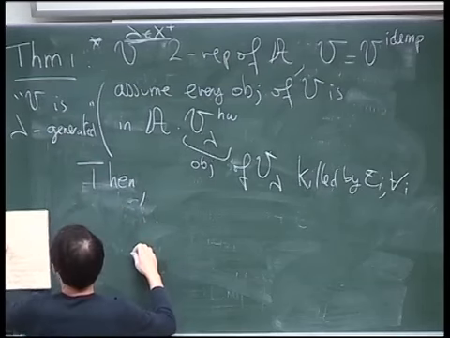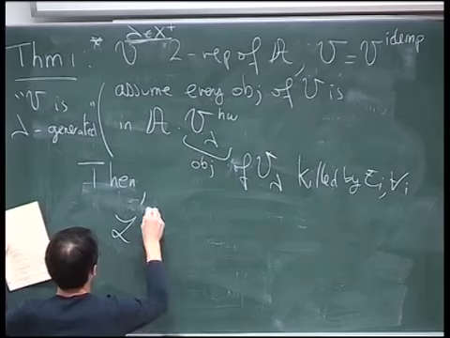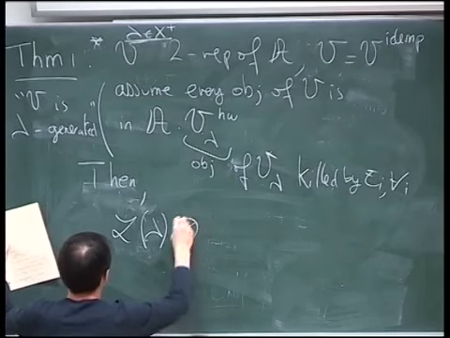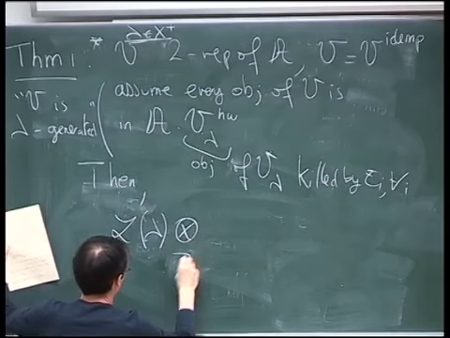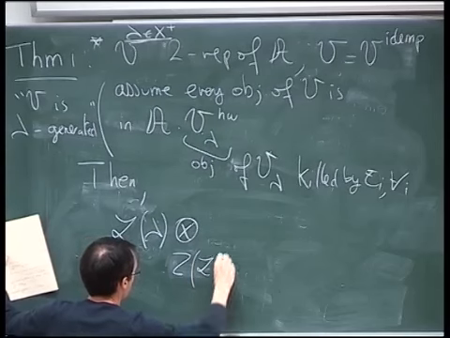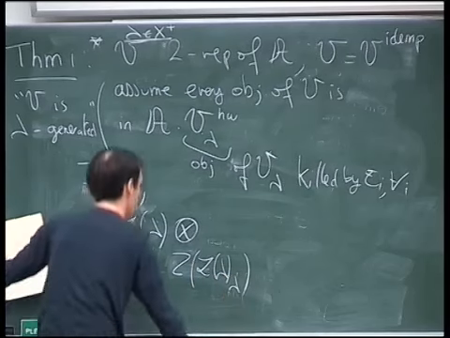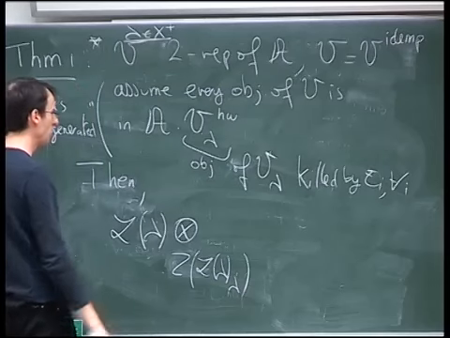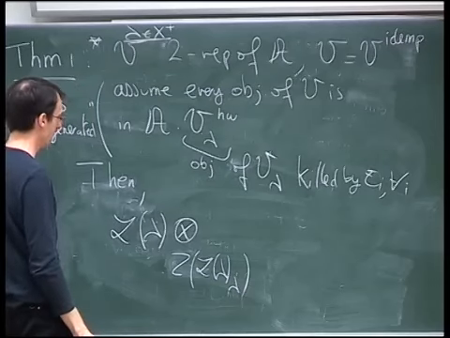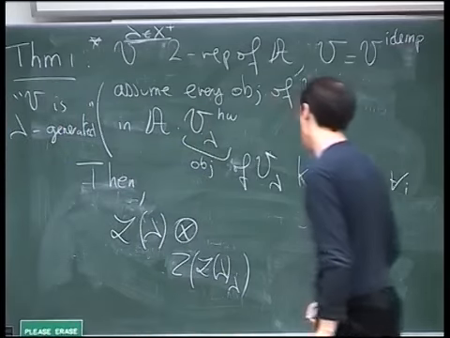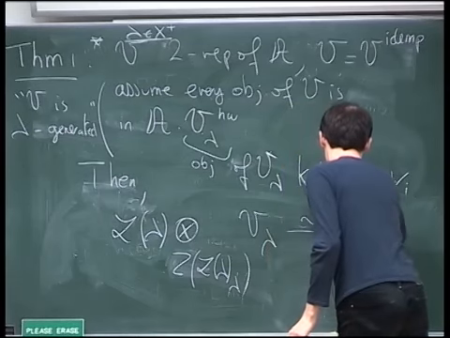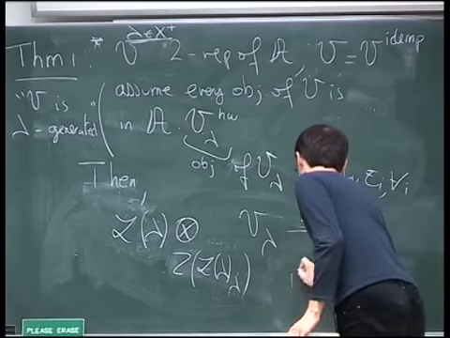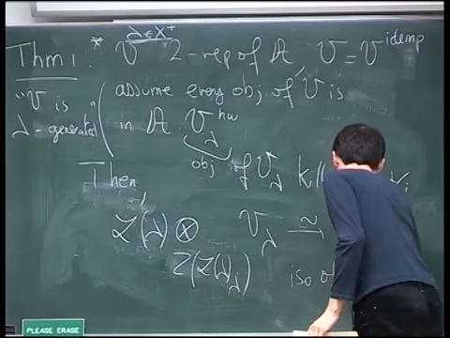You can get V out of this category L of lambda by taking a certain tensor product over, say, the center. There are some technicalities here, and I'll write a correct formula later, but that's too much detail. It's an isomorphism of two representations.